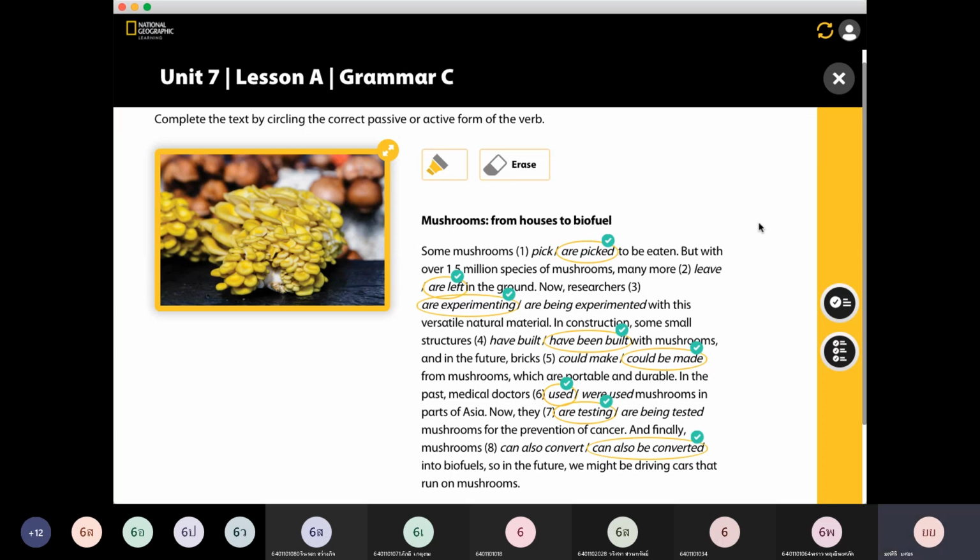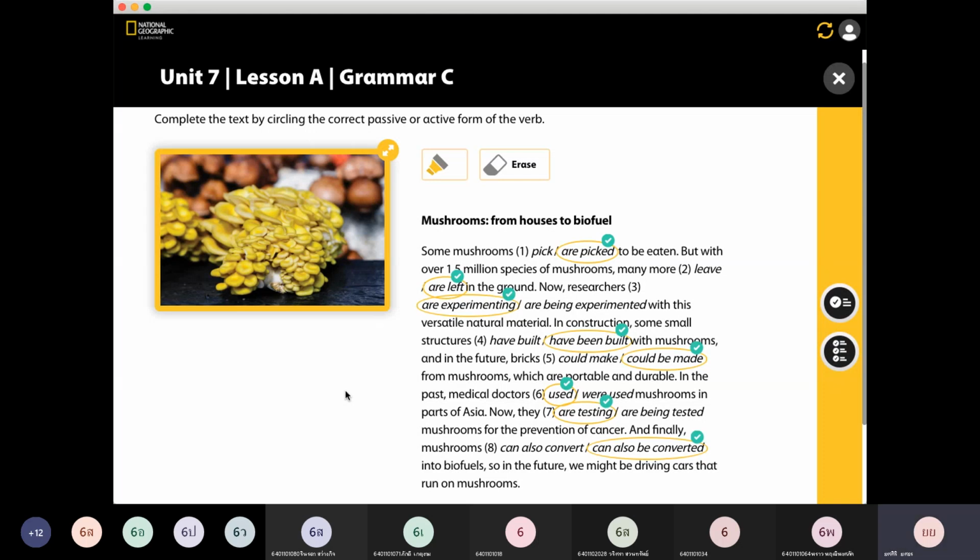It depends on the focus. If you see the focus that they want to use, like what they can do or what they cannot do, they have to receive an action from something.